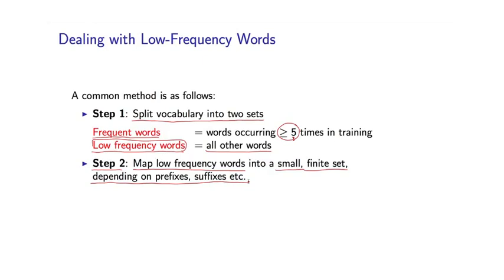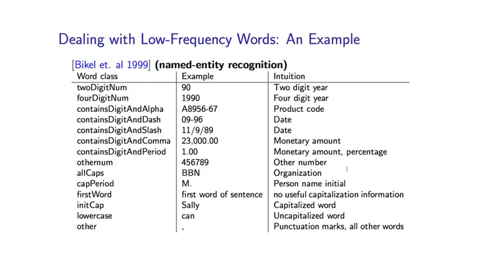But the basic idea is to take this very large set of low frequency words, there might be many, many words that fall into this class, and for each word just map it into one of, say, 10 or 20 new words, this small finite set. Let me be concrete by giving an example. This is from a paper by Bikel and others from 1999, specifically on the problem of named entity recognition.